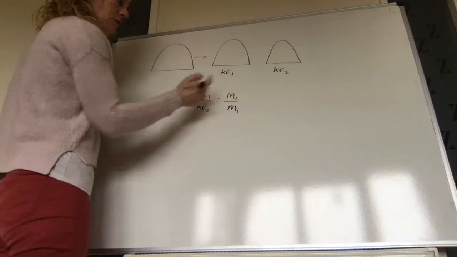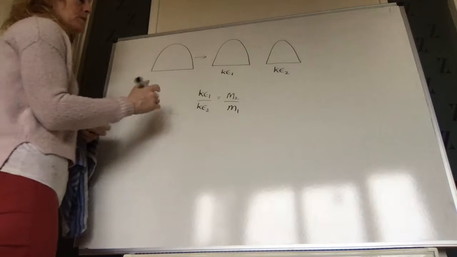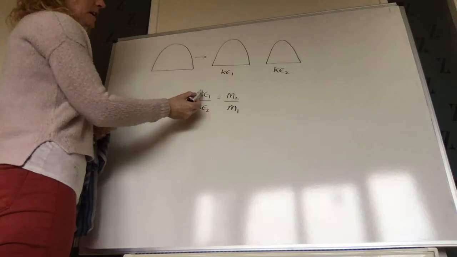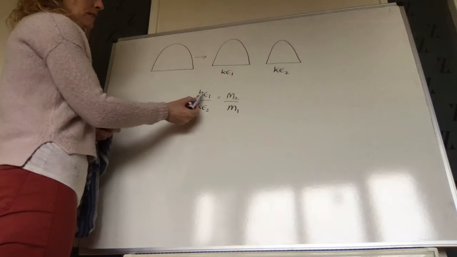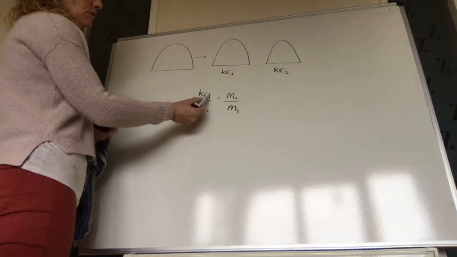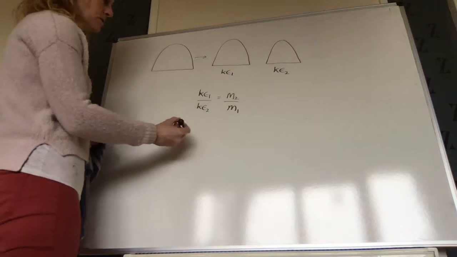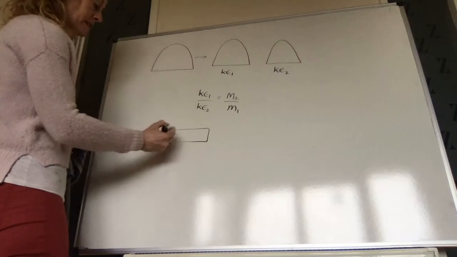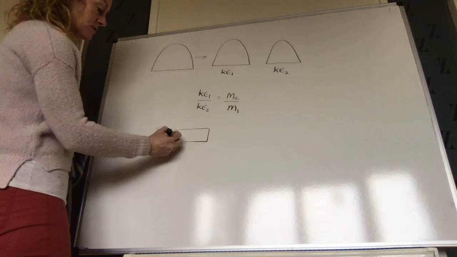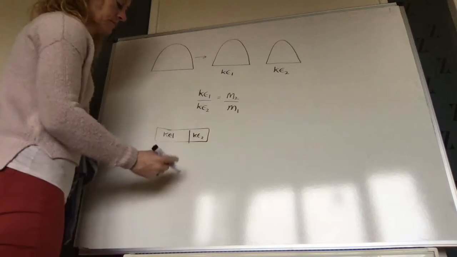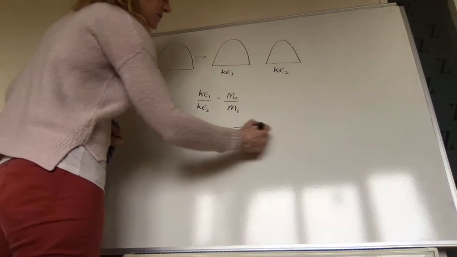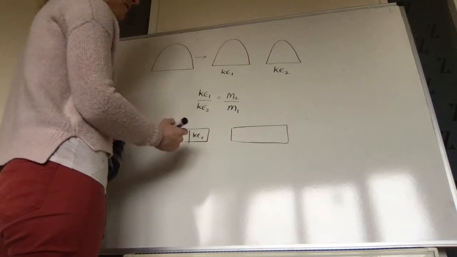Note the change here. That's really important, because what it's saying is that the ratio of the kinetic energy of one particle to the other is the inverse ratio of the masses.